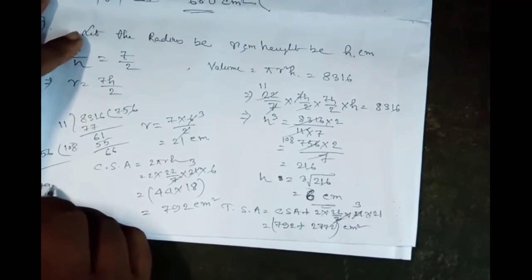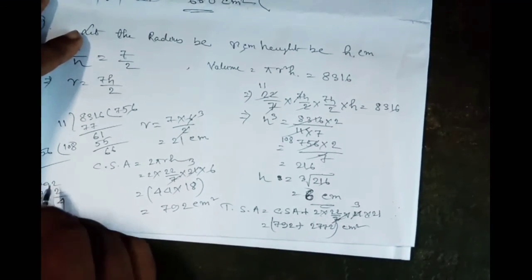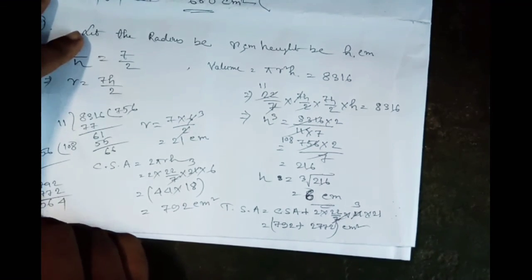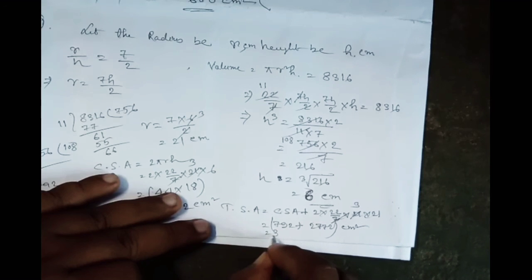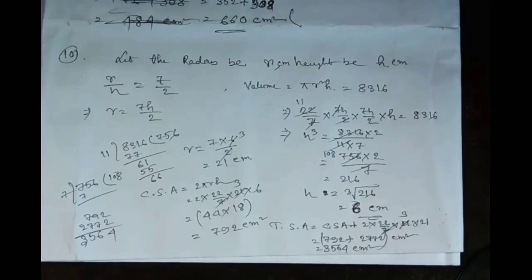Now 792 plus 2772 is 3564 centimeter square. So that's it for this video.